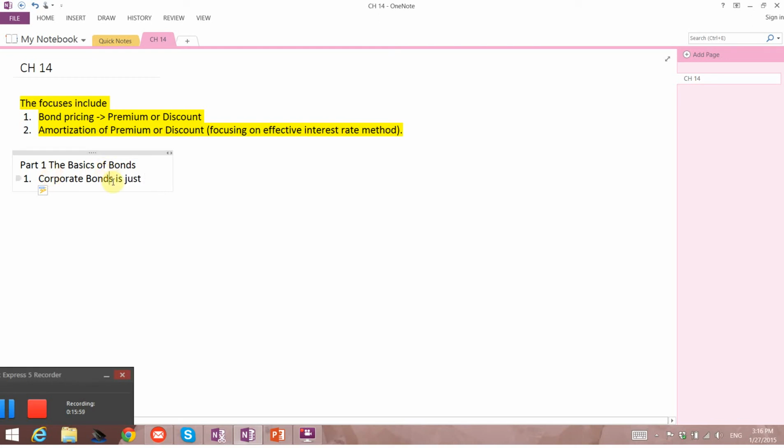Corporate bond is just one type of many long-term debt. Okay, let me put it this way. Corporate bond is just one type of long-term debt, and there could be other types.